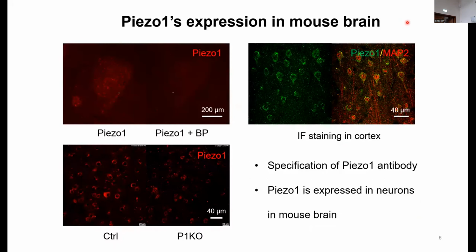So here are our results. We first test Piezo1's expression in the mouse brain with IF staining. Firstly, we test Piezo1's antibody specificity.